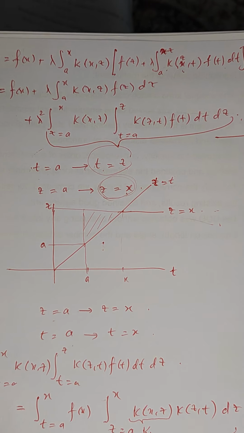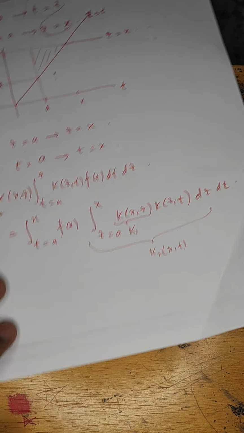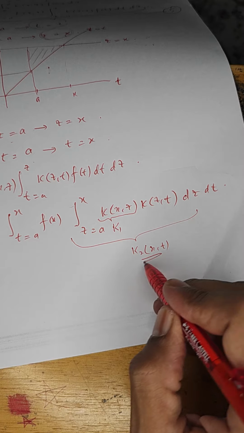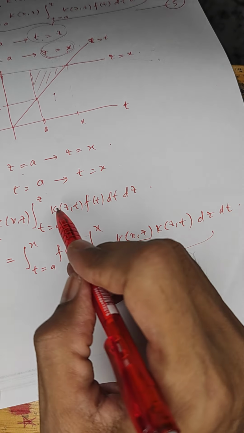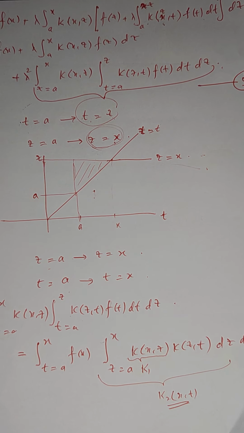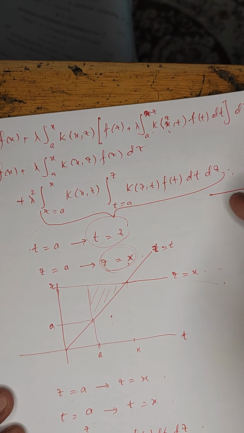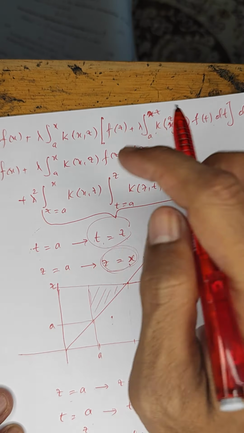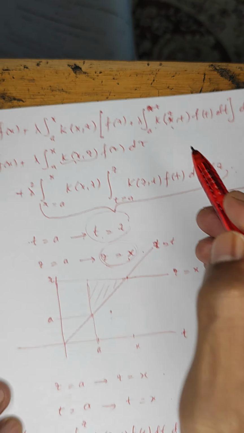So therefore I can write the integral, let's call it number 5, using that this is k2, and here this is k, basically, and for k2, the second term here, I can write this as a k1.